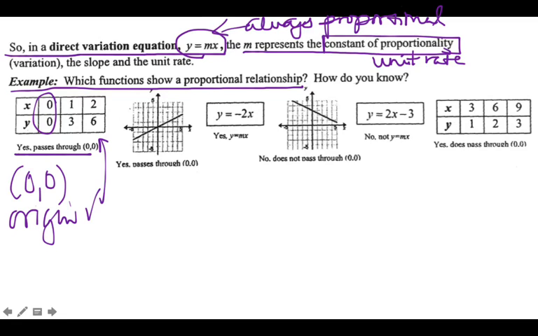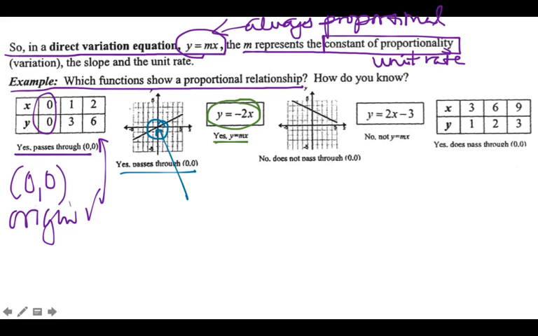Number 2 is a graph. Yes, it passes through 0, 0. It's my origin. And my third one is an equation, and it says yes because it's in y equals mx format. Because it's in that format, I know that it's proportional.